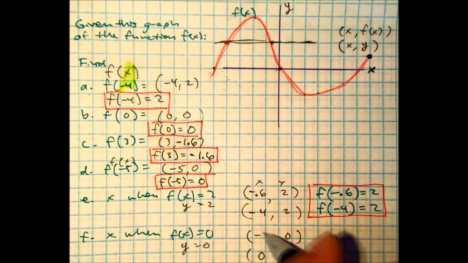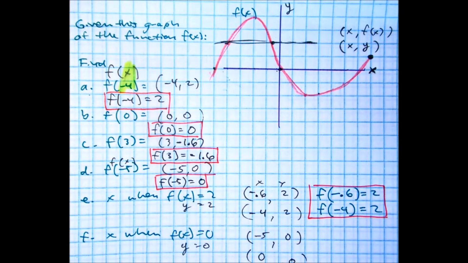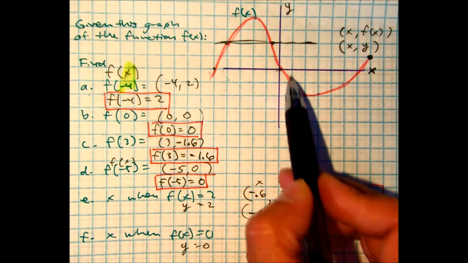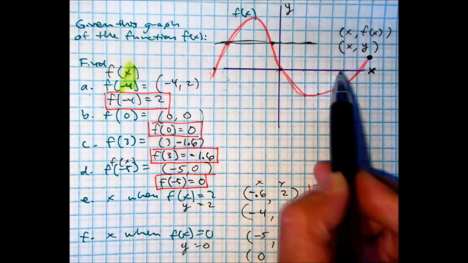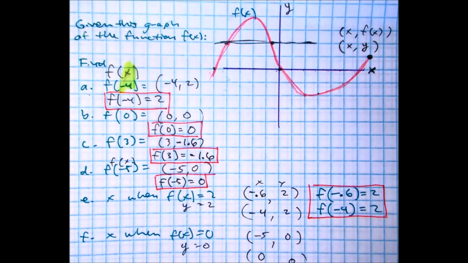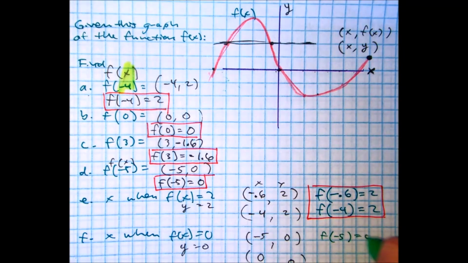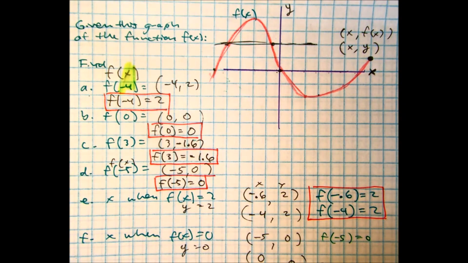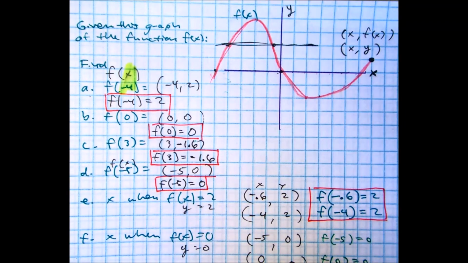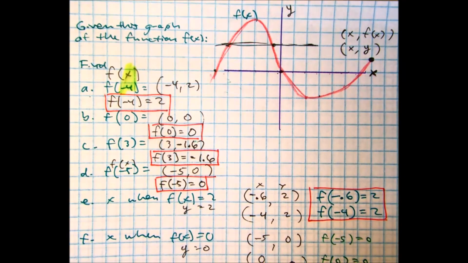Negative 5. And where? 1, 2, 3, 4, 5, 6. And then you can just write those in function notation. Negative 5, 0. f of 0 equals 0. And that's a 6. f of 6 equals 0.